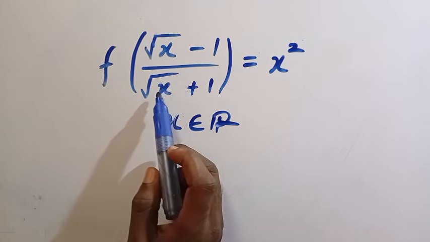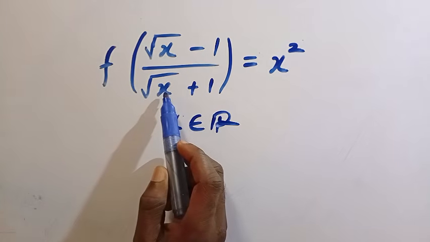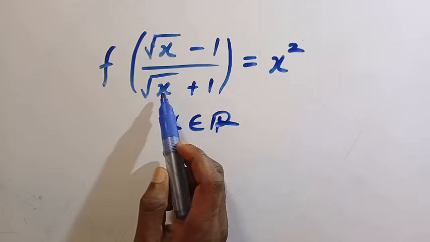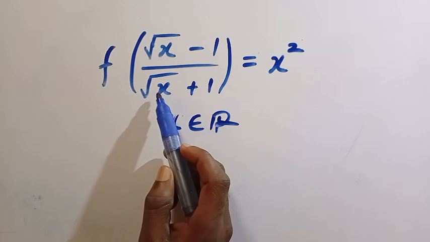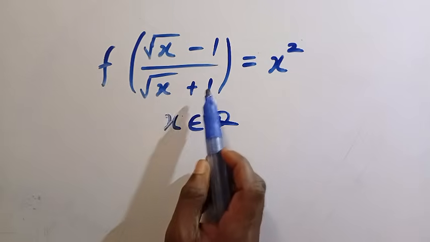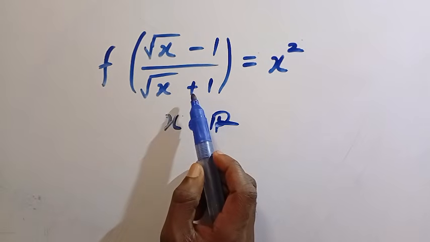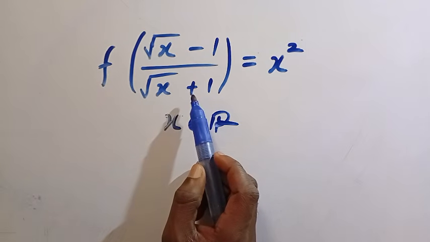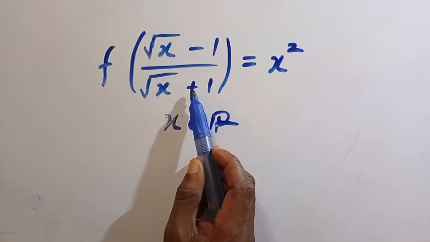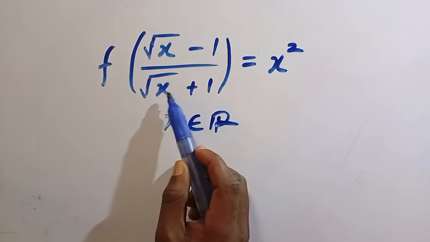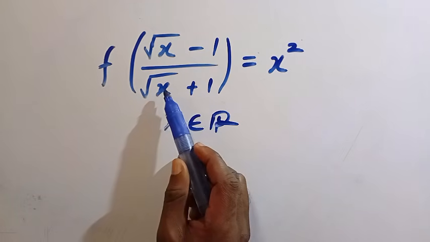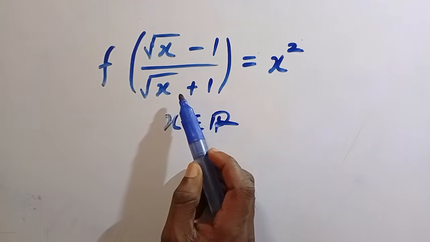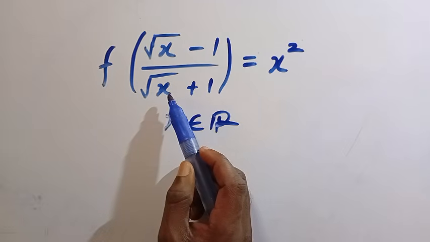For this denominator we have the square root of x, showing that we cannot have a negative in this root. Every denominator must be defined, that is, not equal to 0. There is no value from 0 upwards that will make this one equal 0.